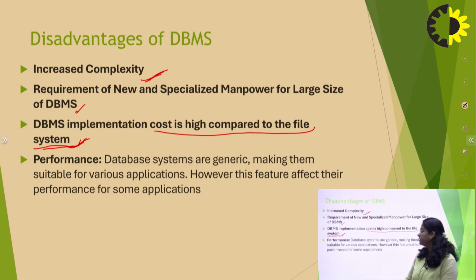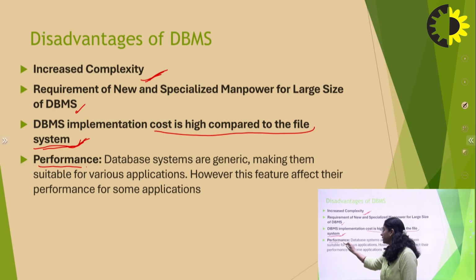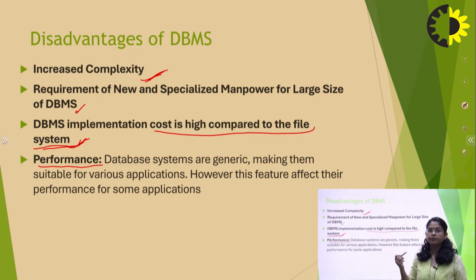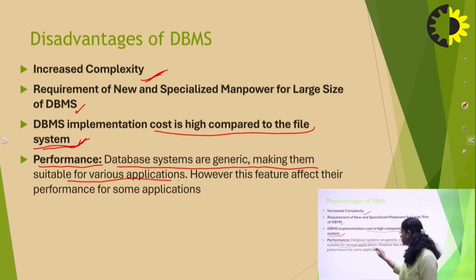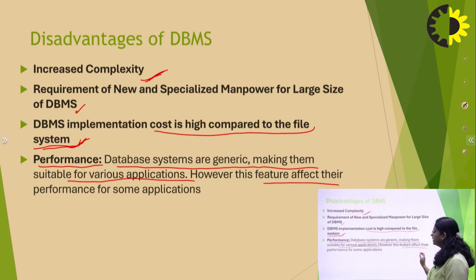And then the performance. As the size increases, performance also gets affected. So, database systems are generic, making them suitable for various applications. However, the features can affect the performance for some applications also.